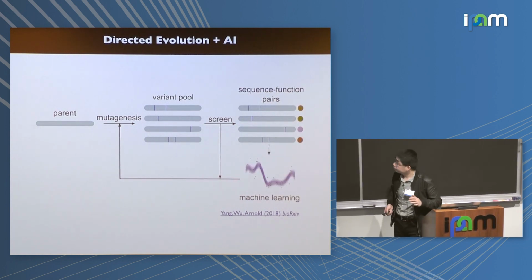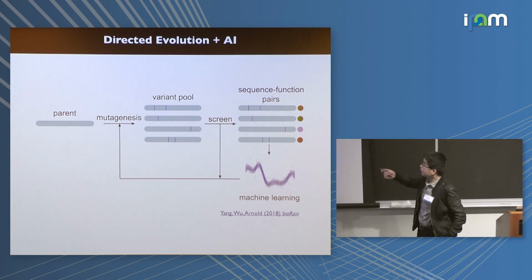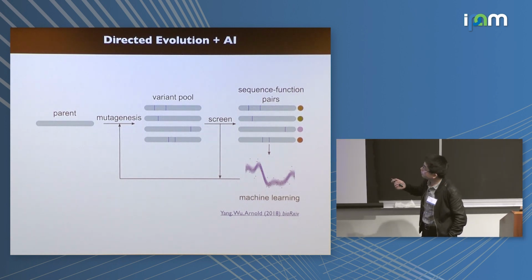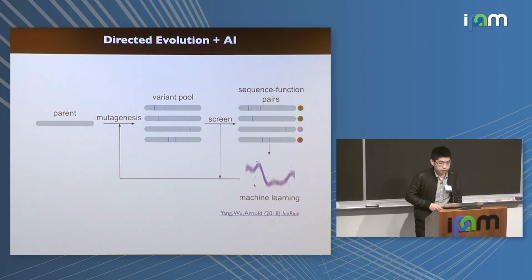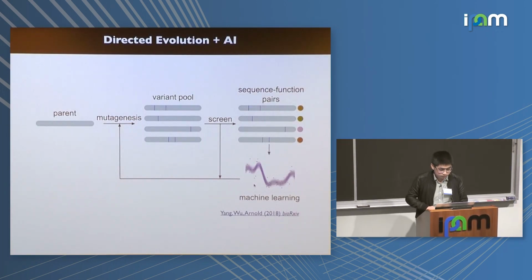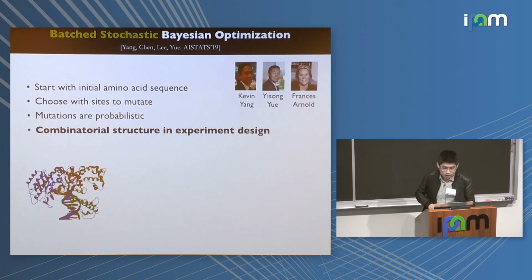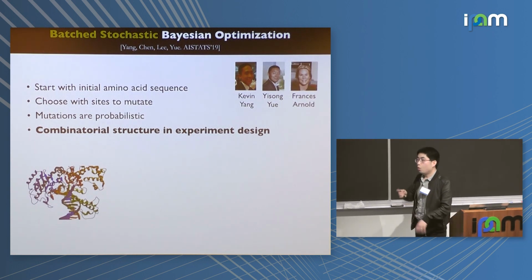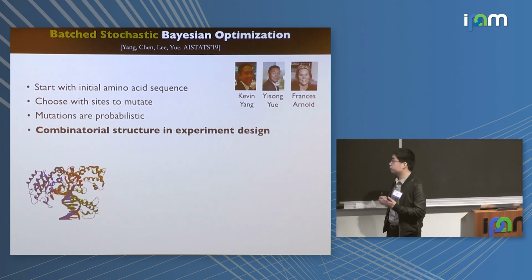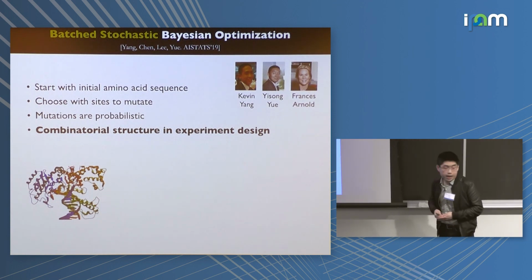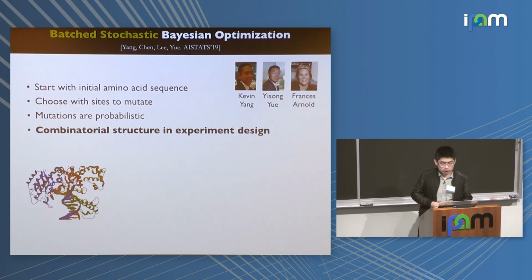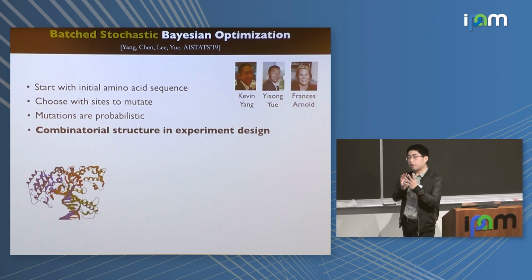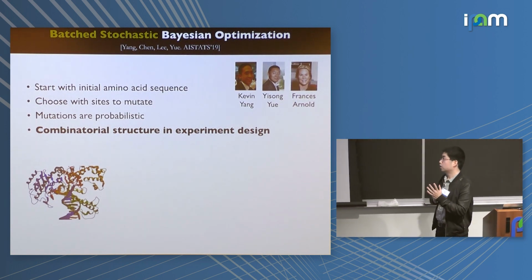So what we want to do is replace that library pool design problem using a machine learning algorithm, in particular using a Gaussian process model. As you may see, the challenge here is that the space of protein sequences is huge, and what the chemists have access to is only which positions of the protein sequence they can mutate.